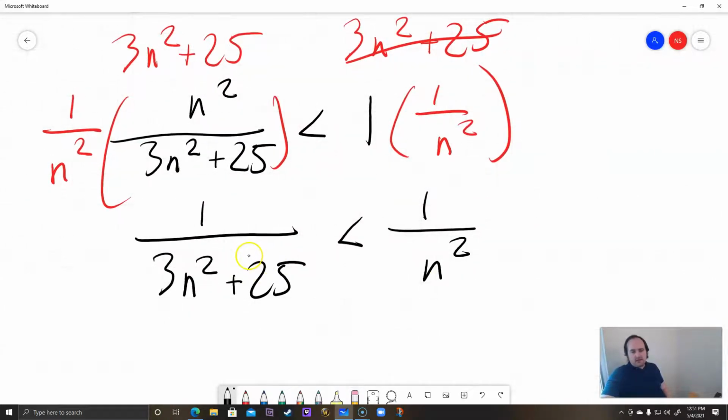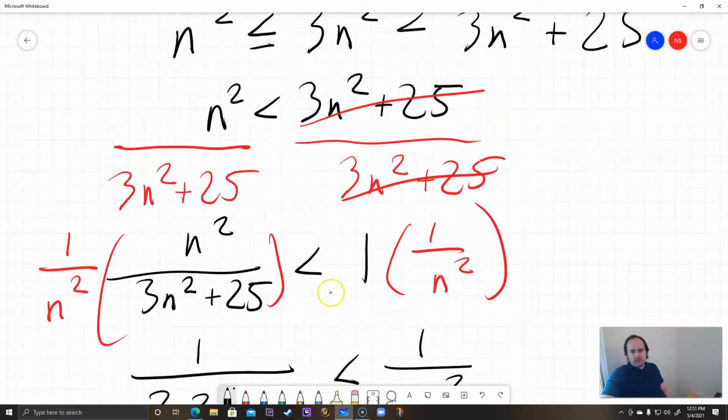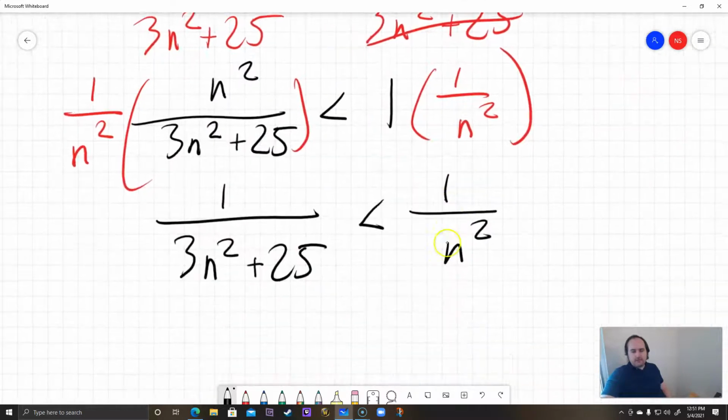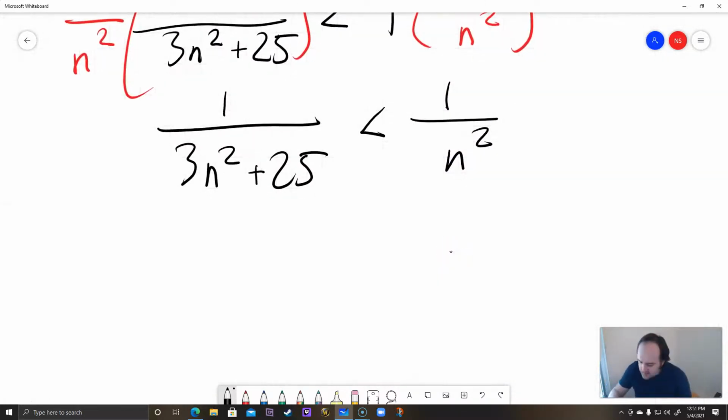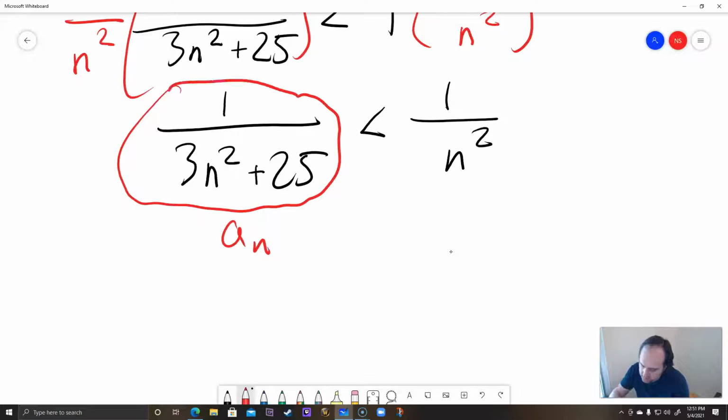So what this is telling us is, remember, this is the formula for our original a_n. So here our a_n is going to be 1 over 3n squared plus 25. And then we can see that our b_n is going to be 1 over n squared.